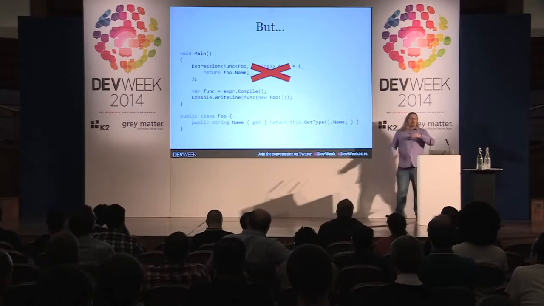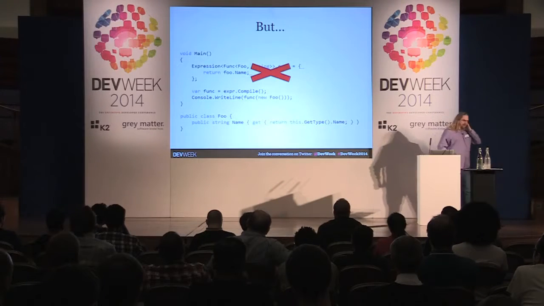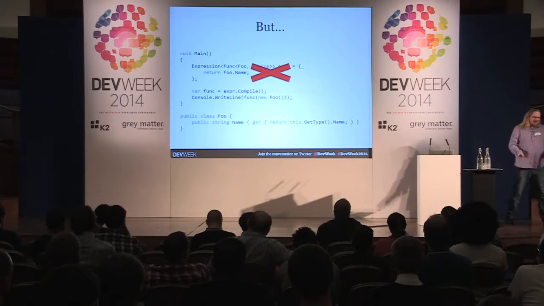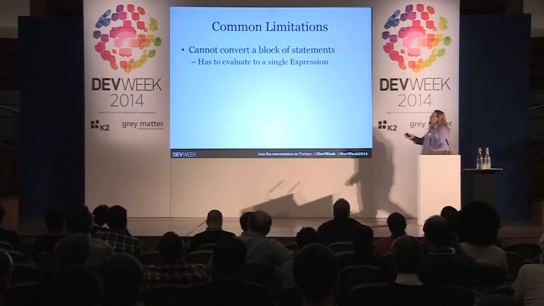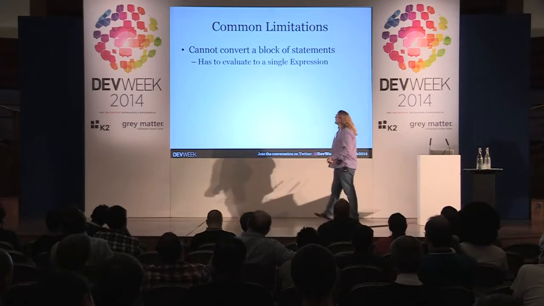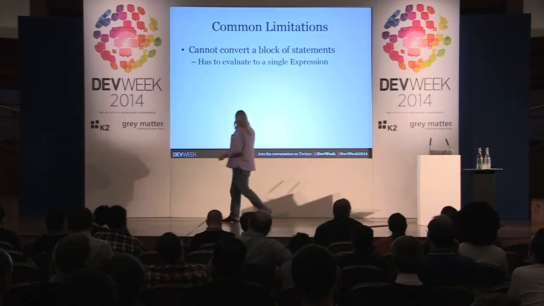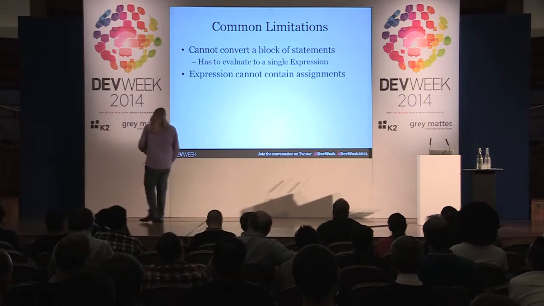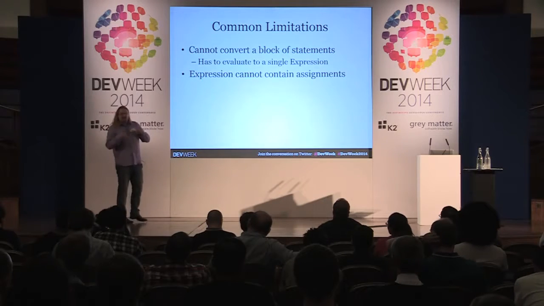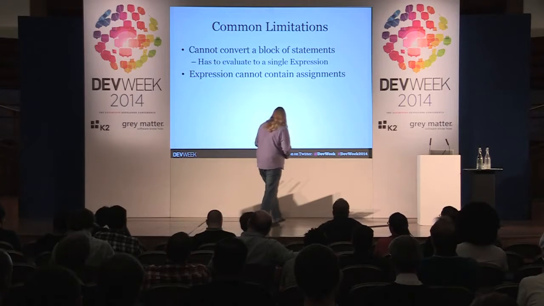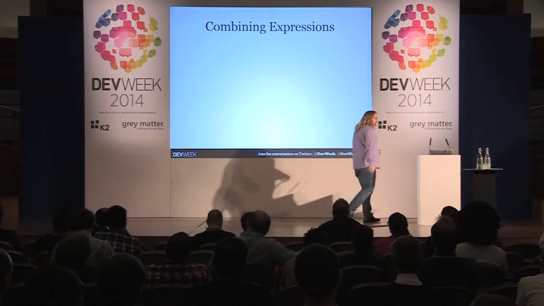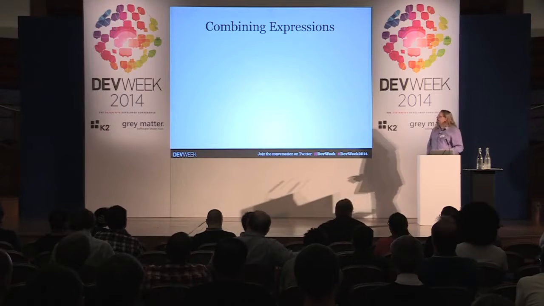The return on a block simply can't be done, because the compiler doesn't know how to break this down. So, common limitations of this approach are that you cannot convert a block of statements, as it has to evaluate to a single expression, and the expression can't contain assignments. But apart from that, it's actually quite easy.